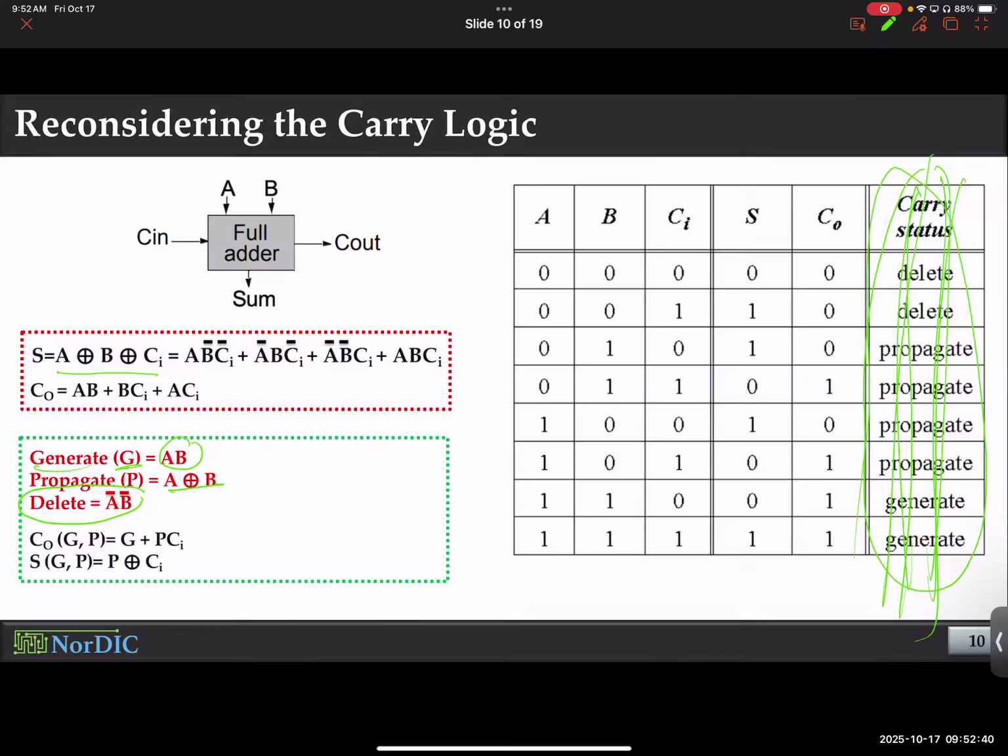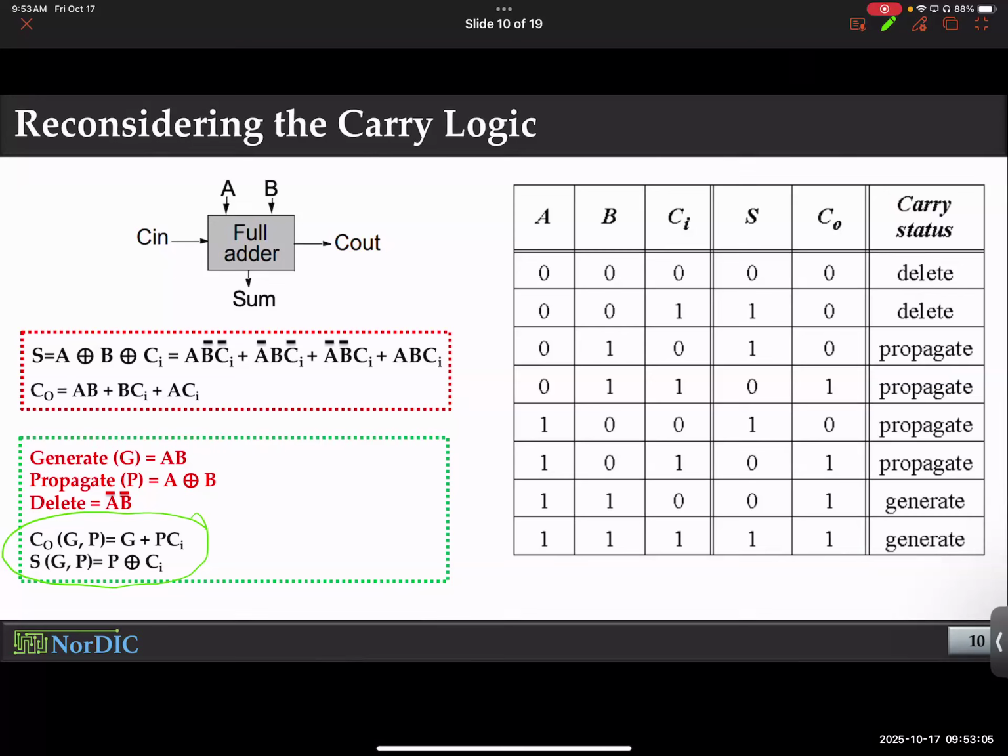Some people define a different function, A prime B prime, as delete, D. But that's not part of the design we will cover in this course. So essentially, you could reimagine your sum and carry function as this: P XOR C, and G plus PC.